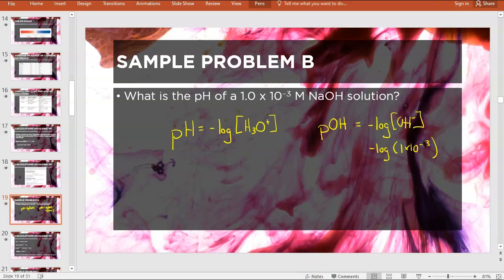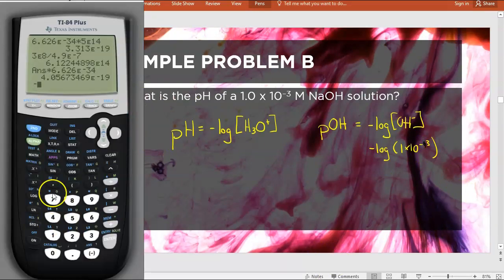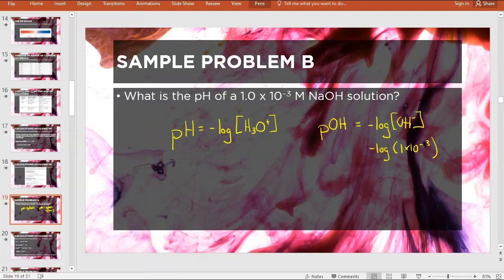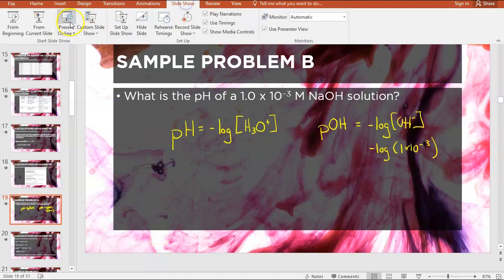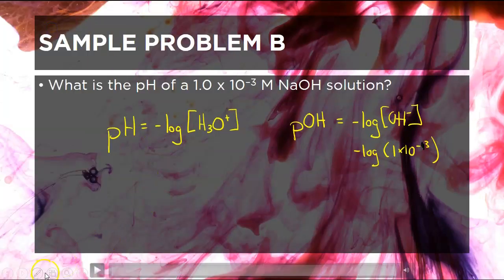Go away. So, negative log of 1e negative 3, try that, is 3. And did I really have to use my calculator? Probably not. But I just wanted to show you how you can use a calculator if you have to.